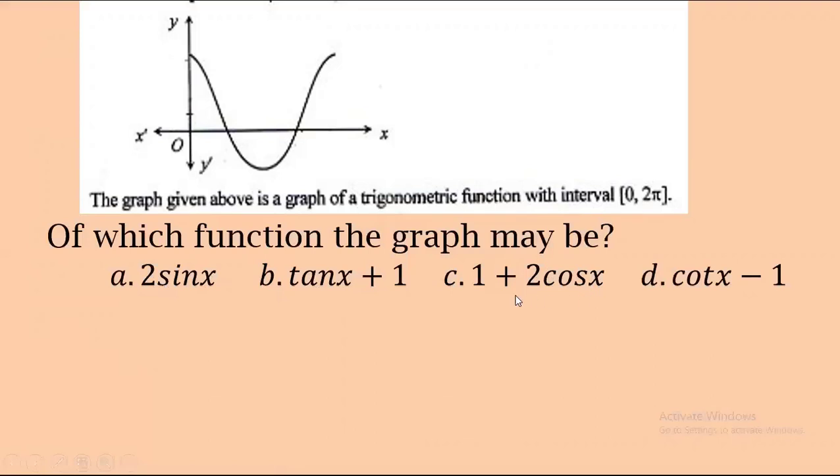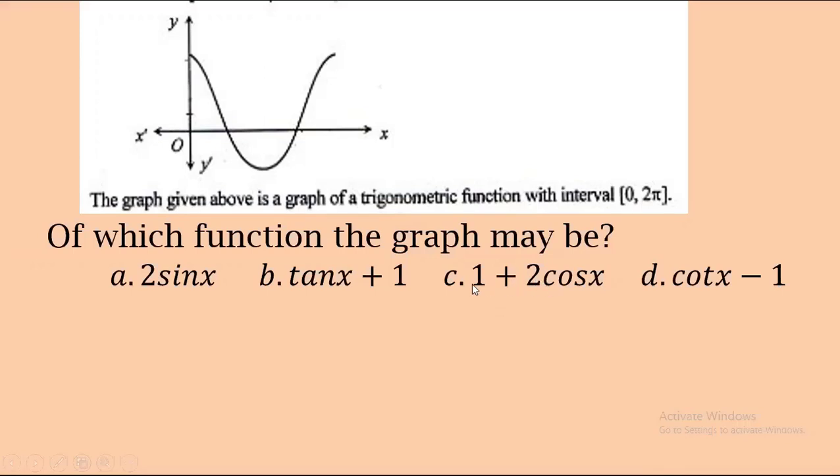Now, how do we get the answer in an alternative way? You see, what is the maximum value? Maximum value is d plus a, and minimum value is d minus a. Here d is 1, a is 2.